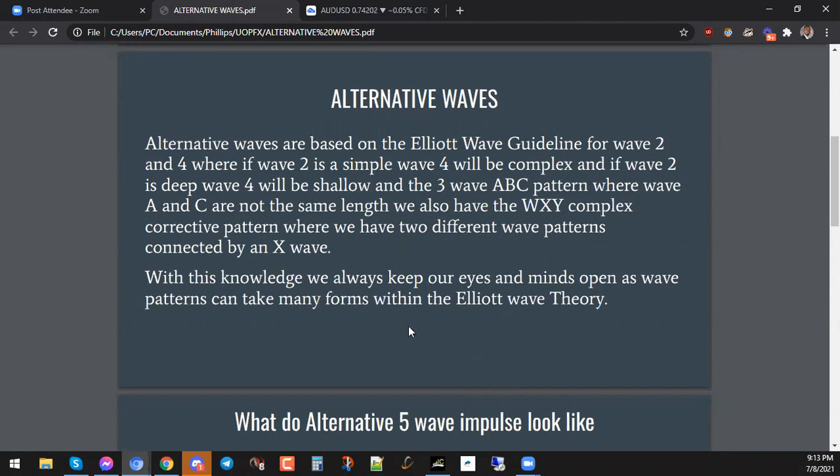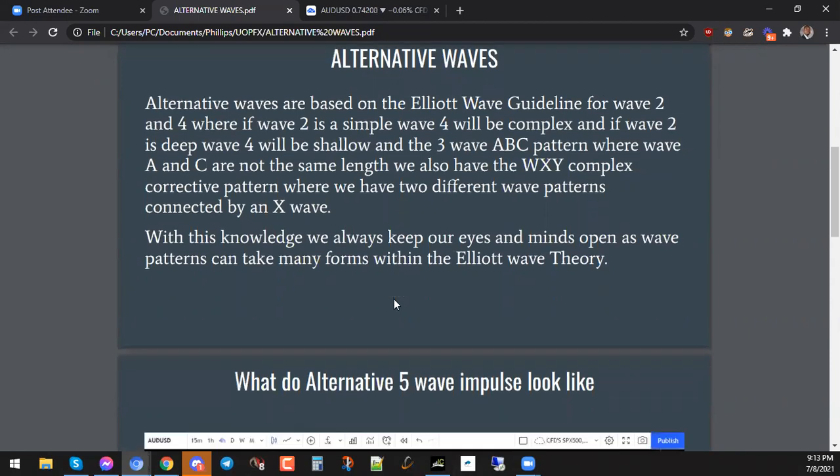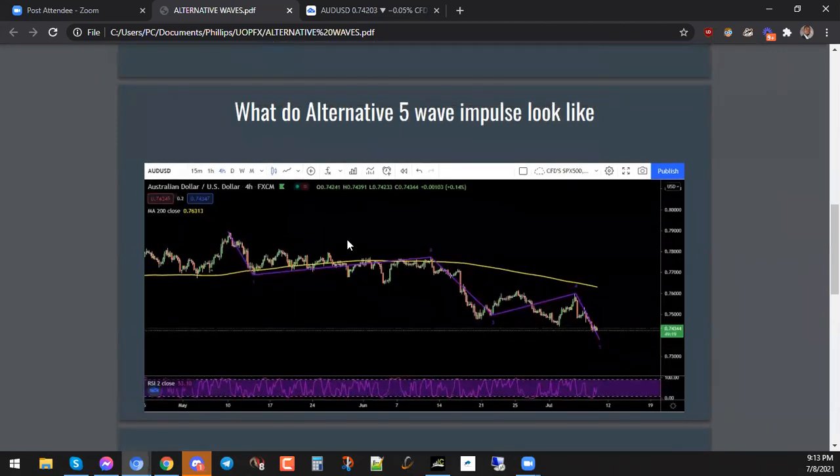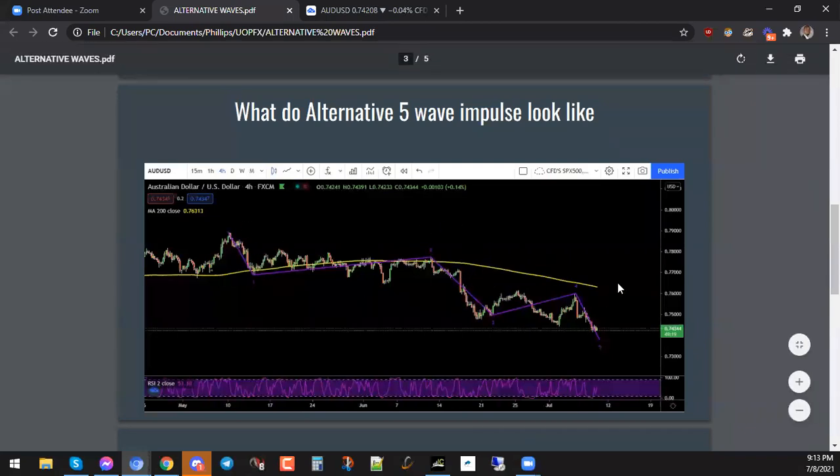All right, so let's take a look at a 5-wave impulse. This is an impulse wave, and it's not even finished yet because I took this impulse from the Australian dollar, US dollar pair, and I took it this evening, just so I can give you guys some fresh information.